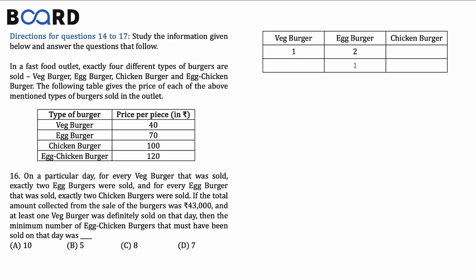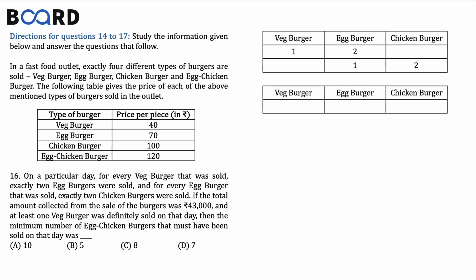And for every egg burger, there are 2 chicken burgers sold. So overall, I can figure out the ratio very well. So it has to be 1:2:4. That means I can consider the total number of veg burgers sold are K, egg burgers sold are 2K, and chicken burgers sold are 4K. Let's assume these are the values.